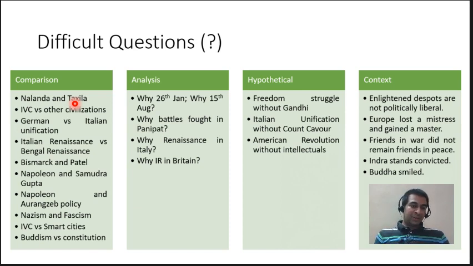Okay. Now, the second type of questions, like the Nalanda Takshila type question, or compare and contrast Indus Valley civilization with other civilizations. I hope you all know that Indus Valley civilization is a riverine civilization. Along with Indus Valley, there are other civilizations which have flourished, like the Chinese civilization along the Huang He, the Egyptian civilization along the river Nile, or the Mesopotamian civilization along the rivers Tigris and Euphrates.